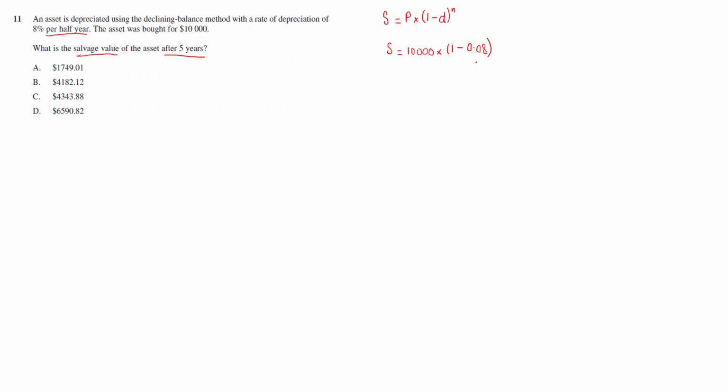So in a year it's depreciating 2 times basically at the rate of 8%. So here when it comes to n, we need to multiply this 5 by 2, because every year this 8% depreciation is happening twice. So once you solve this, you will get 43.88. So option C is your answer.